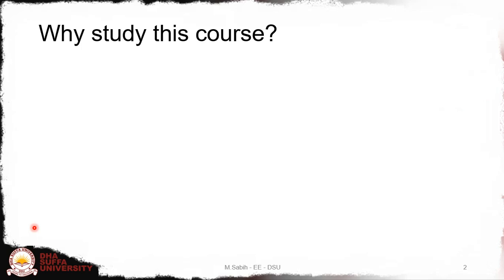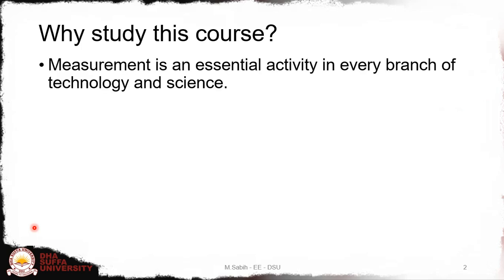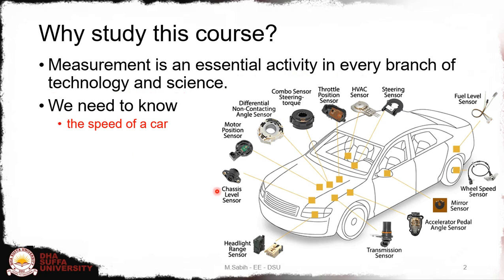So why should we study this course? Measurement is an essential activity in every branch of technology and science. We will see with some examples. For example, we need to know the speed of a car. And not only the speed of a car, we also need many sensors so that this car can work efficiently.